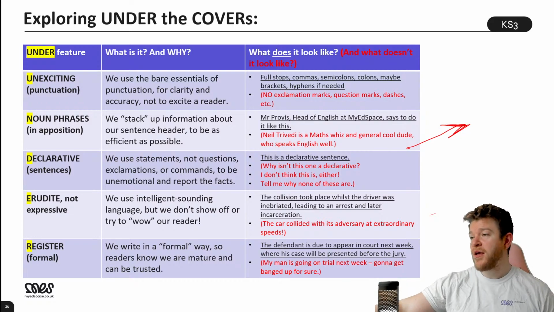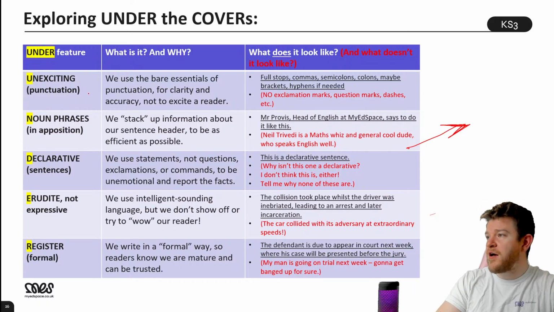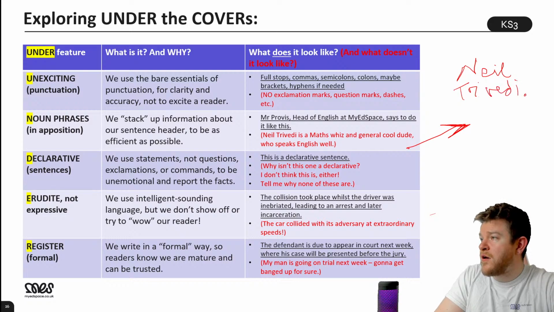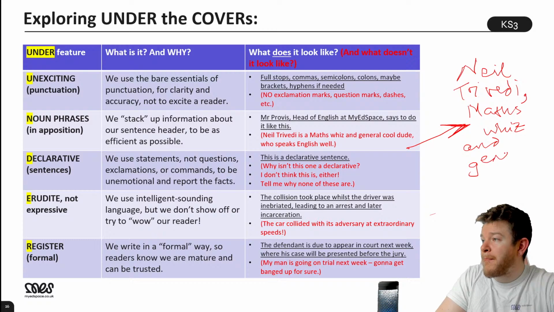Really great job. So if I were to do my version of it up here, I might have Neil Trivedi, comma, so that's my head word here. I'm going to say maths whiz, and general cool dude.